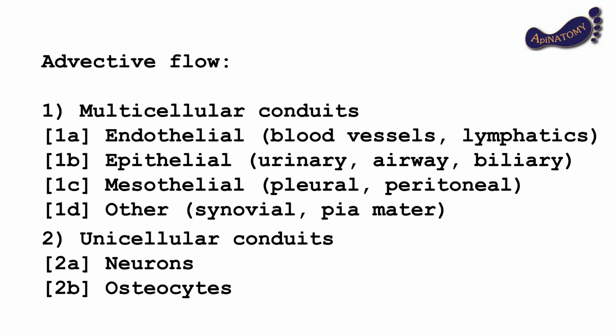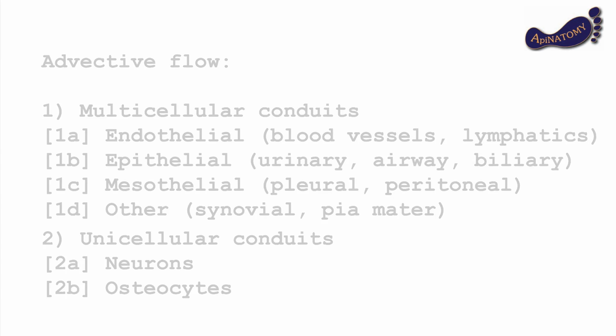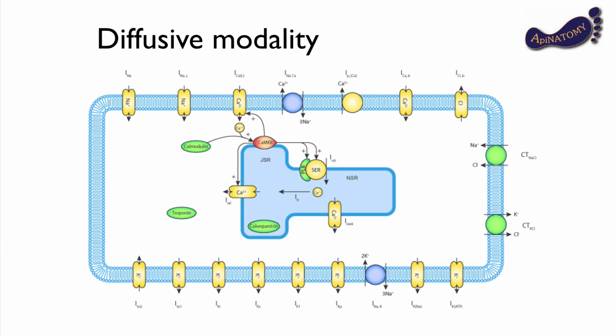The advective modality takes into account the long-distance fluid transit along either multicellular tubes lined by endothelial, epithelial, mesothelial, or other cellular films like synovial membrane, pia mater, as well as unicellular tubes such as neuronal axons and dendrites, or filopodia in osteocytes. The diffusive modality, of course, takes into account fluid transit across cellular compartments.